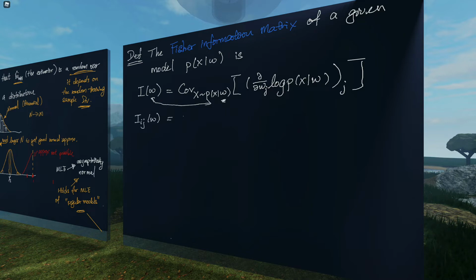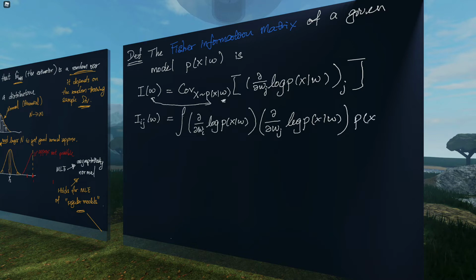In component form, this is a matrix whose ij component is given by the integral, or the sum if you are dealing with discrete random variables, against the distribution at W.